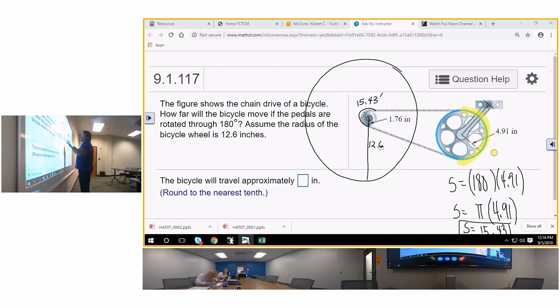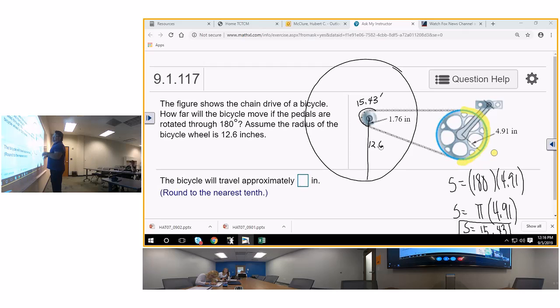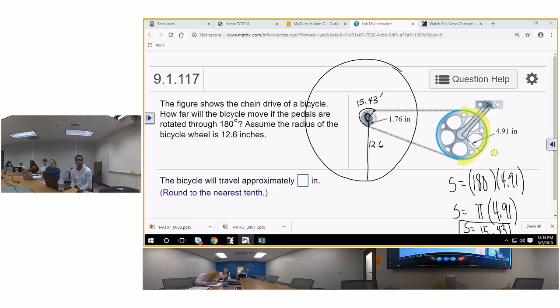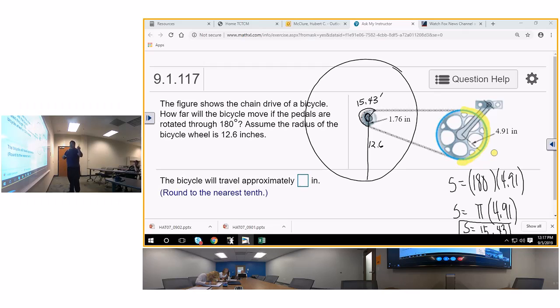The radius doesn't match, but what does match? The angle. So you've got to find the angle that the wheel is turned. The angle that the wheel is turned is the same as the angle that the little gear is turned.